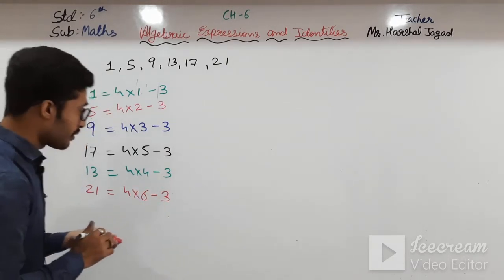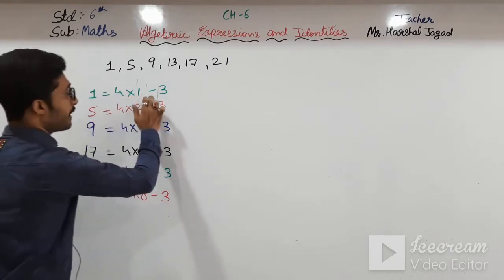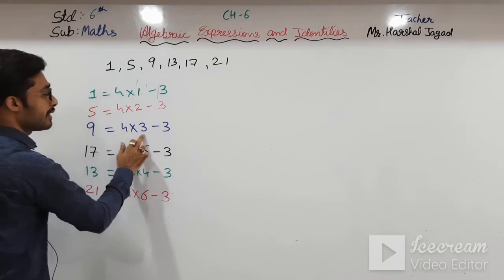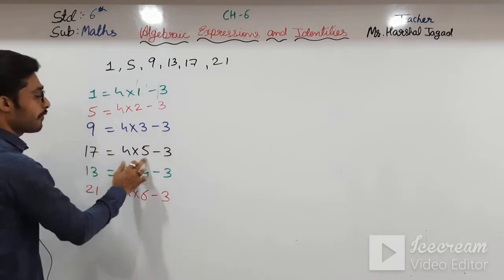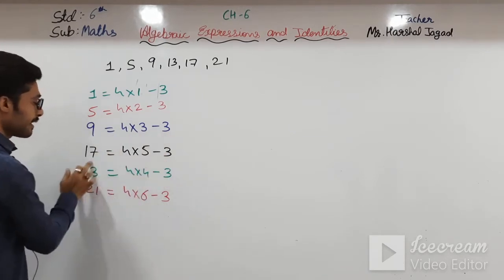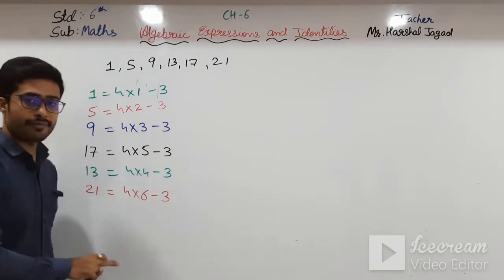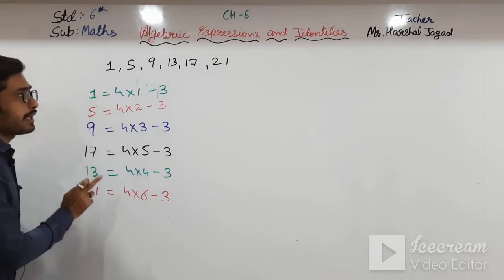Okay students, so 4 ones are 4, minus 3 is 1. 4 twos are 8, 8 minus 3, 5. 4 threes are 12, 12 minus 3, 9. 4 fives are 20, 20 minus 3 is 17. 4 fours are 16, 16 minus 3, 13. 4 sixes are 24, 24 minus 3, 21.